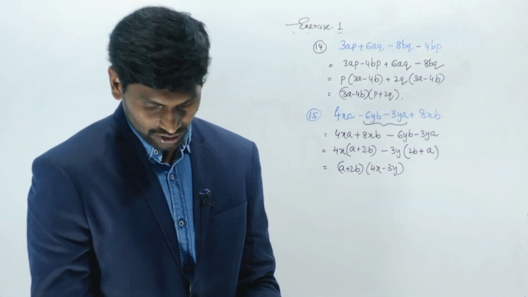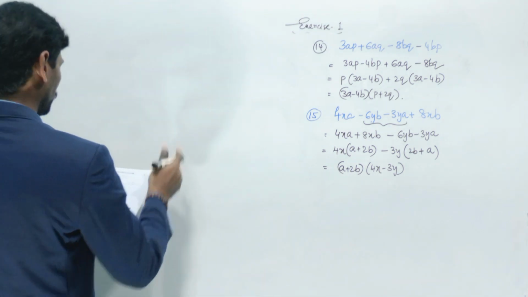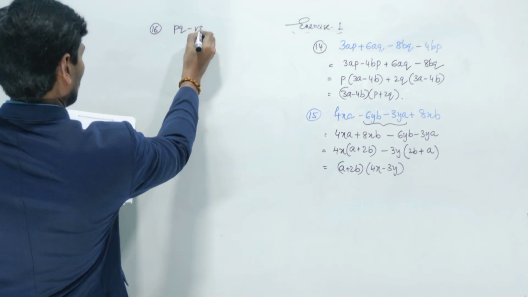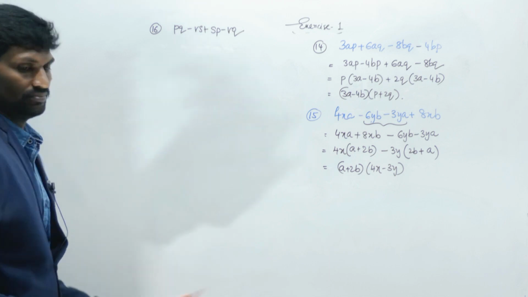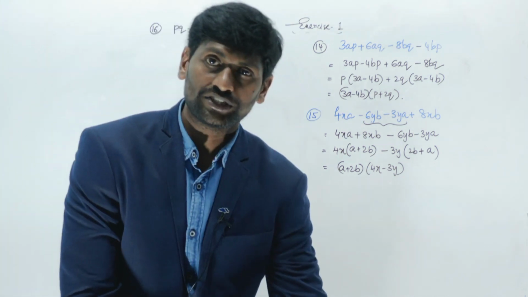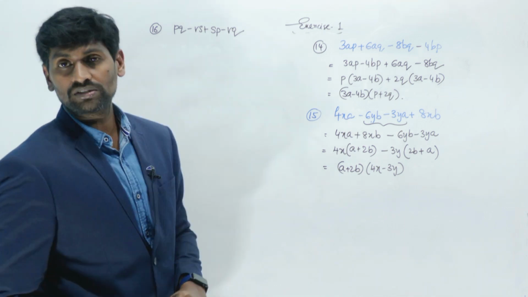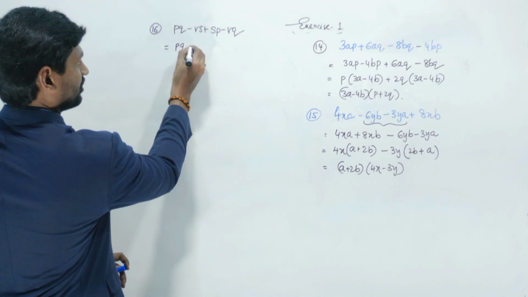Okay, so let us go to the problem number 17. Sorry, 16th one. That is PQ minus RS plus SP minus RQ. Same, first two terms we don't get any common factor. Last two terms also we don't get any common factor. So I am interchanging middle two terms.